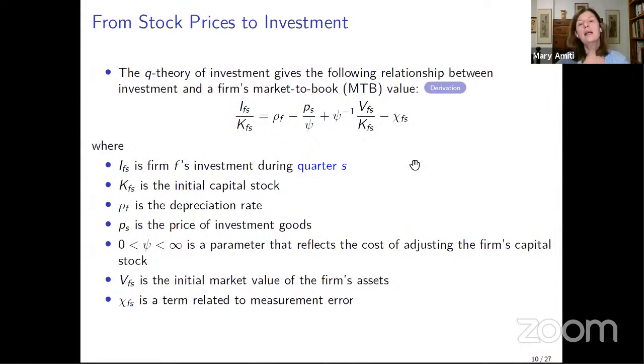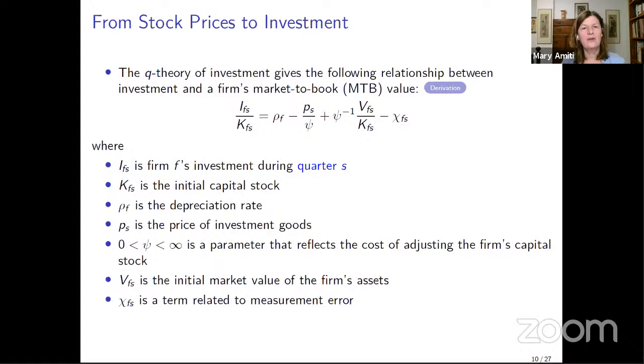Now the size is important in that we expect it to be somewhere between 0 and infinity. But let's say it's infinity. What you end up having is that the investment is just going to be replaced exactly by the depreciation rate. So that's a fixed capital model where there's no growth.